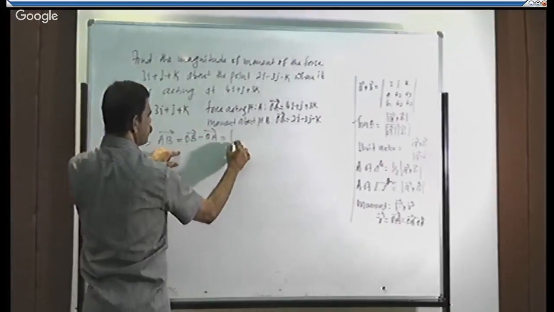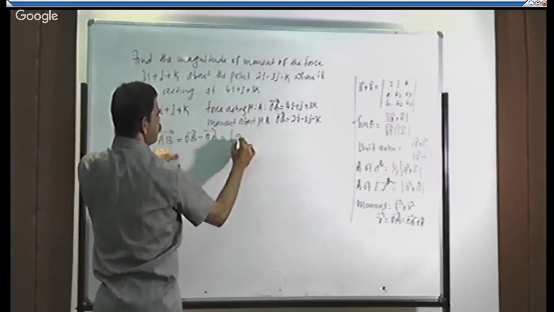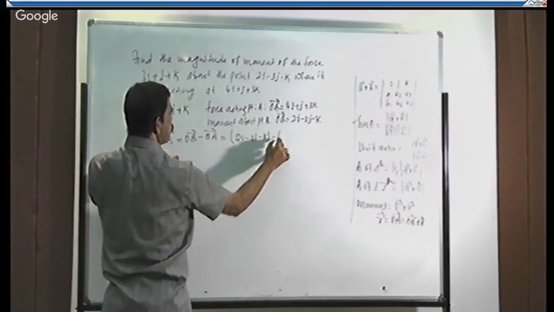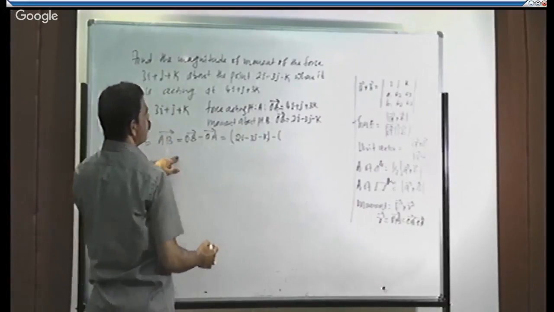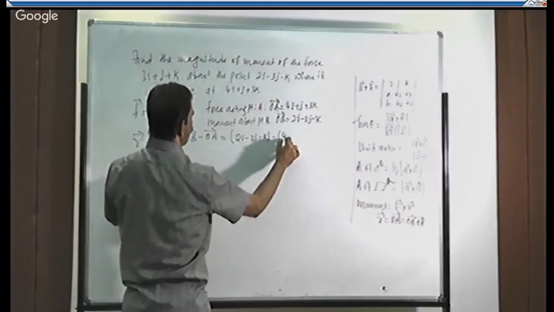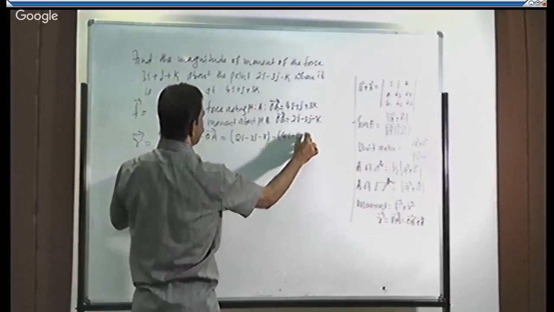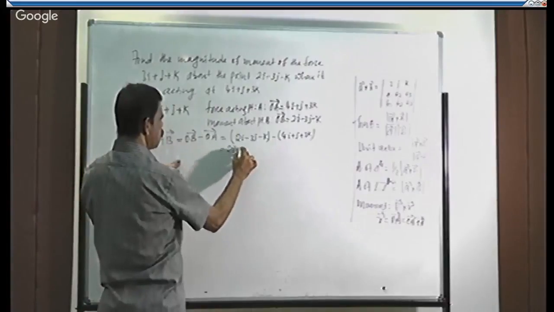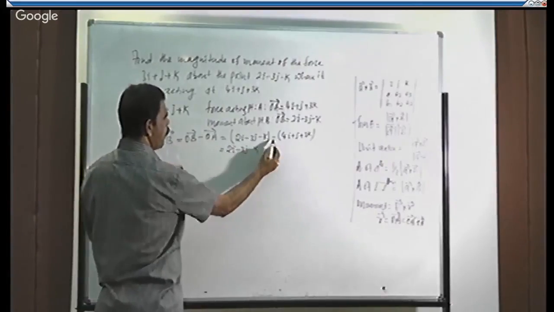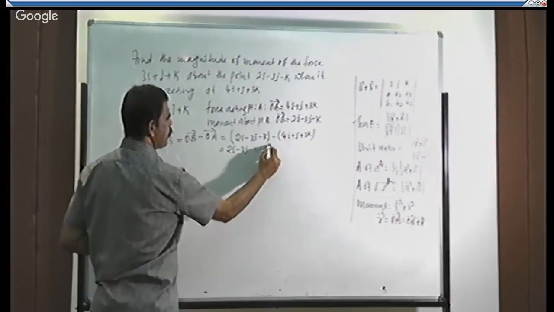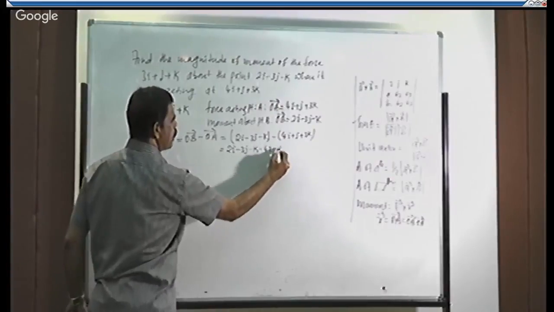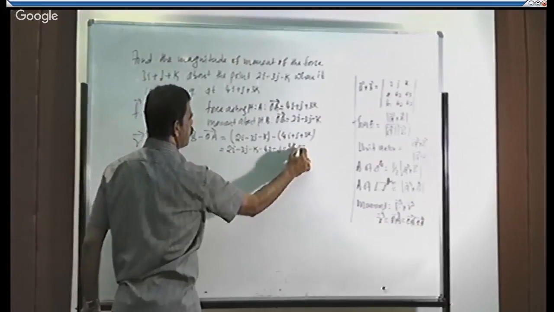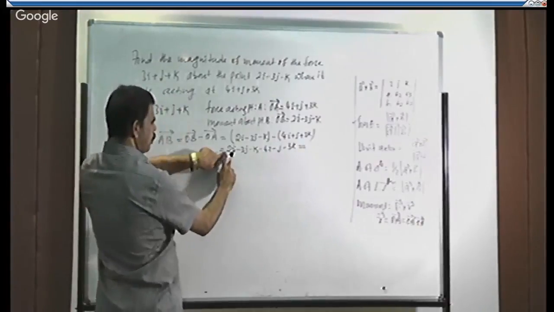OB is 2i minus 3j minus k, minus of OA. What is OA? 4i plus j plus 3k. That is equal to 2i minus 3j minus k minus 4i minus j minus 3k. Finally, you will get r.